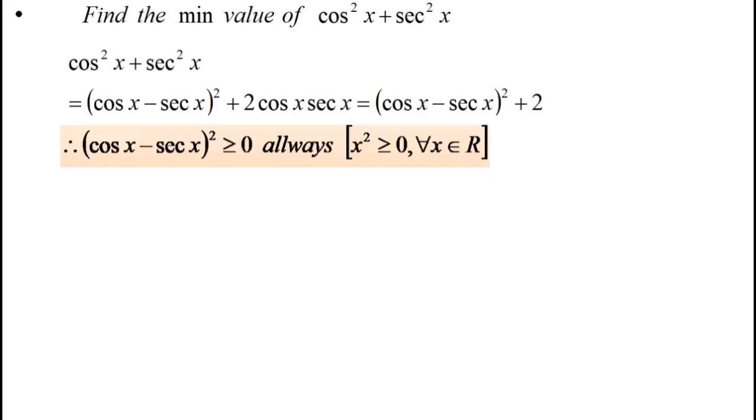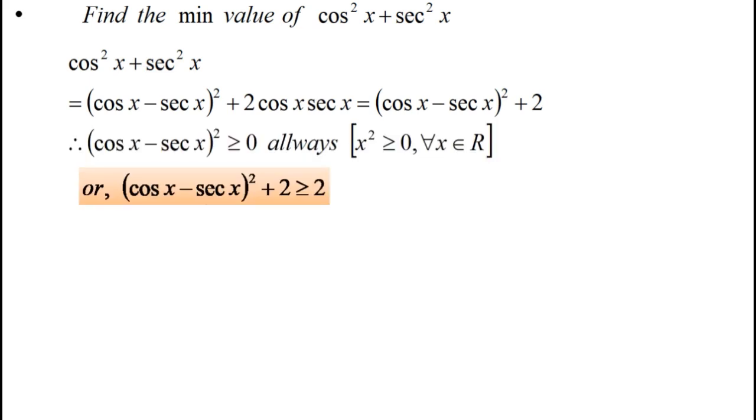Now we know any square term is greater than or equal to 0. Then cos x minus sec x whole square is greater than or equal to 0. Now cos x minus sec x whole square plus 2 is always greater than or equal to 2, because we add 2 on the right side and the left side.